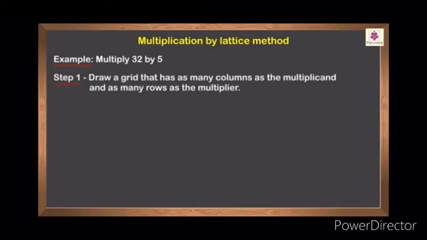Draw a grid that has as many columns as the multiplicand and as many rows as the multiplier. Here we draw 2 columns and 1 row as shown, as the multiplicand has 2 digits and the multiplier has 1 digit.